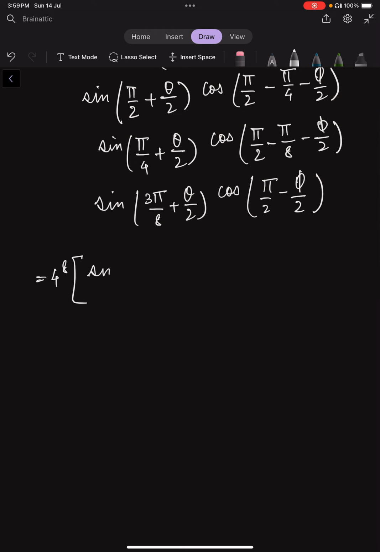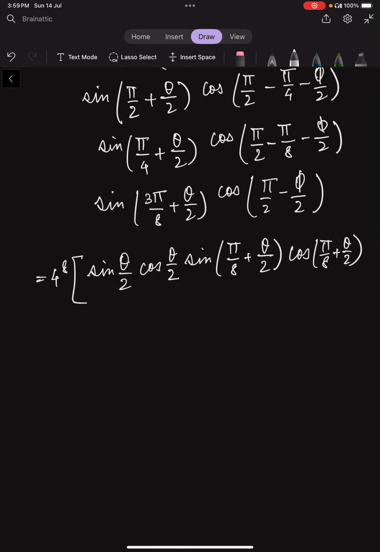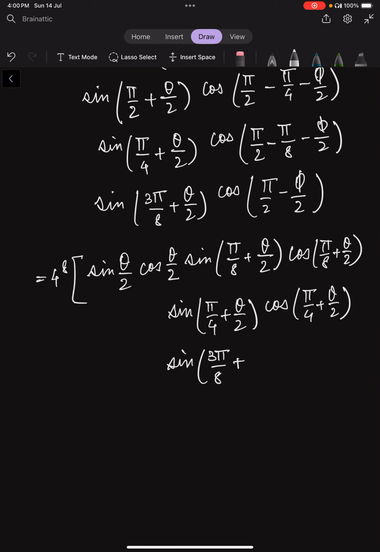So I have sine theta by 2 cos theta by 2, sine pi by 8 plus theta by 2 into cos pi by 8 plus theta by 2, into sine pi by 4 plus theta by 2 into cos pi by 4 plus theta by 2, this is all product actually, and finally I have sine 3 pi by 8 plus theta by 2 into cos 3 pi by 8 plus theta by 2. So I have all my relevant terms here.